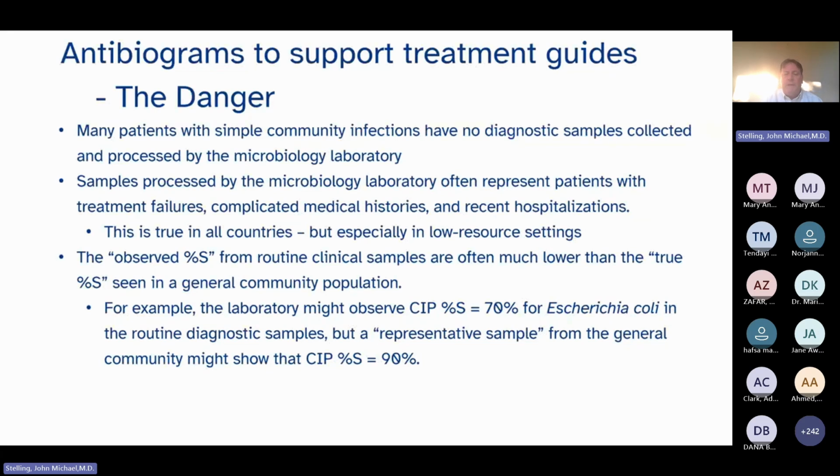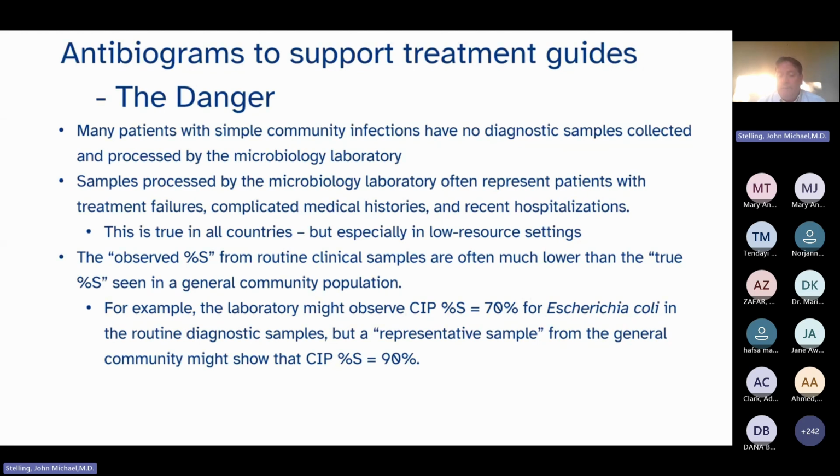For example, the laboratory might see that 70% of the E. coli are susceptible to ciprofloxacin, and that might be 5,000 isolates. That number is highly precise, but that might not represent the general community if we could go out to do a community survey, or if we sampled everybody coming to the clinic.